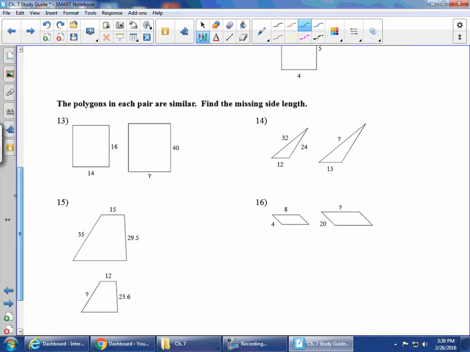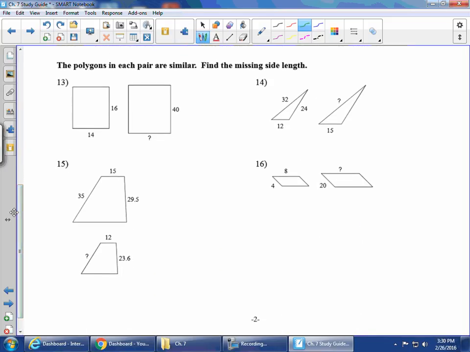Now, next section, polygons in each pair are similar. Find the missing side length. I'm going to call the missing side x. It tells us it's similar, so I can write a proportion. I've said it before: write your proportions where the numbers in your boxes, top and bottom, come from the same shape.